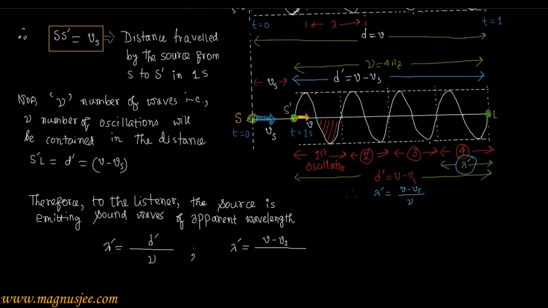Finally, we get lambda prime as equal to v minus vs divided by actual frequency nu.